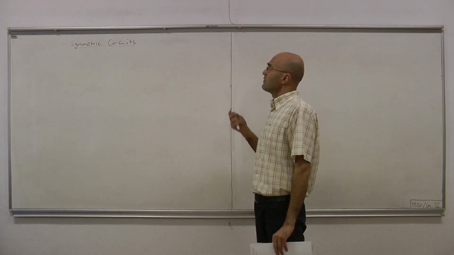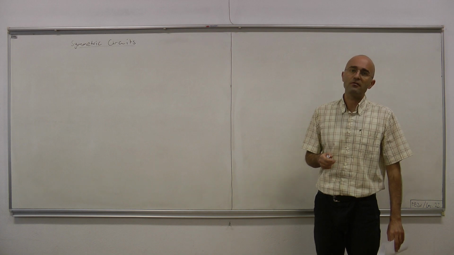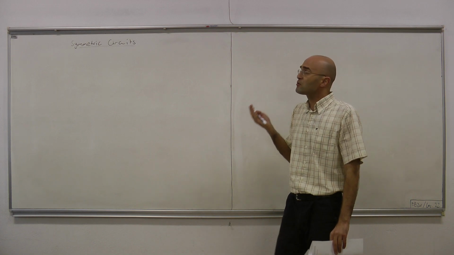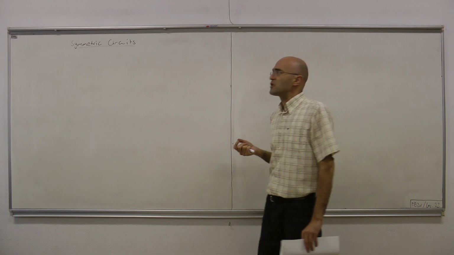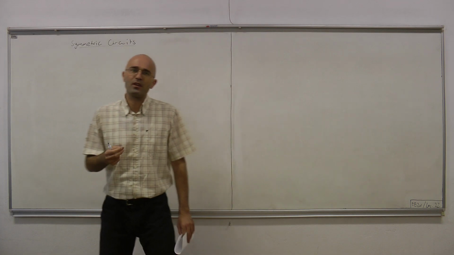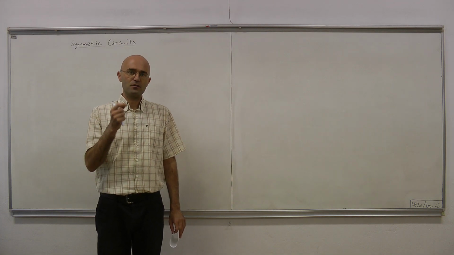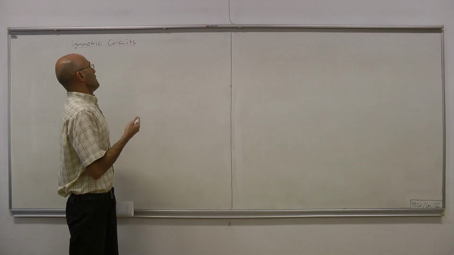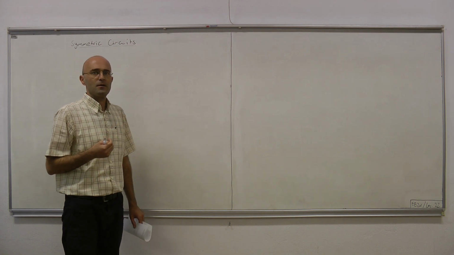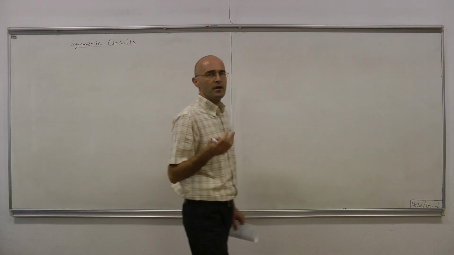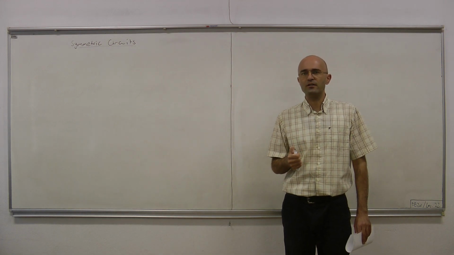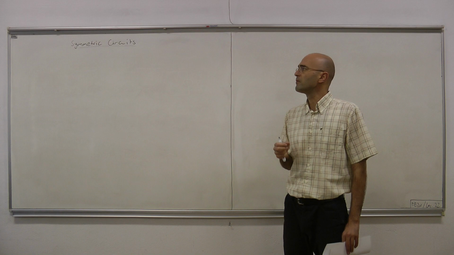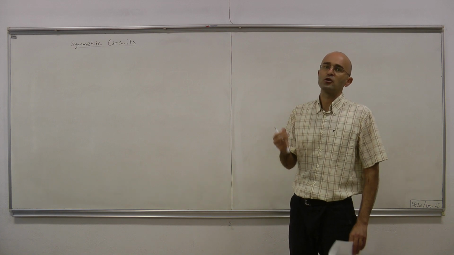If a given circuit that we want to solve possesses some sort of symmetry, then computations sometimes may be much easier. So if you exploit that symmetry, and in this lecture we will see a couple of examples where symmetry is exploited to reach the answer through a shortcut.